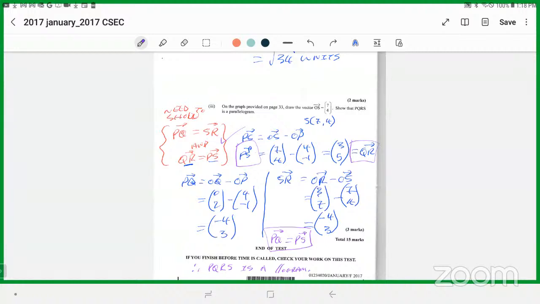Once you can show that the opposite sides are equal vectors, it means that you have a parallelogram. You have two pairs of equal opposite vectors.